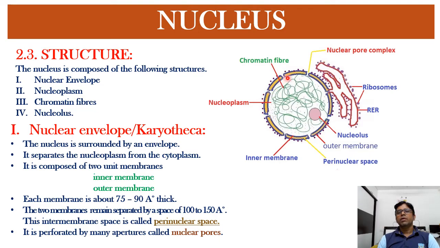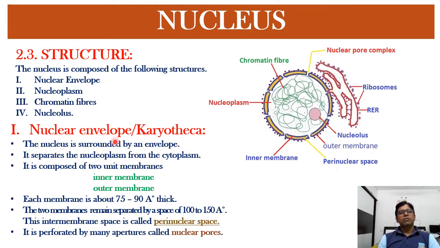Nucleoplasm is also present inside the nucleus. So these are the main parts: nuclear envelope, nucleoplasm, chromatin fibers, and nucleolus. Let us discuss these parts in detail. First, we are going to discuss the nuclear envelope or karyotheca.